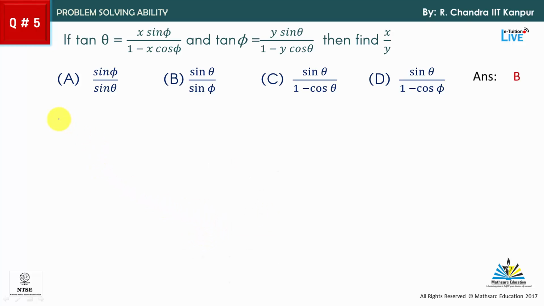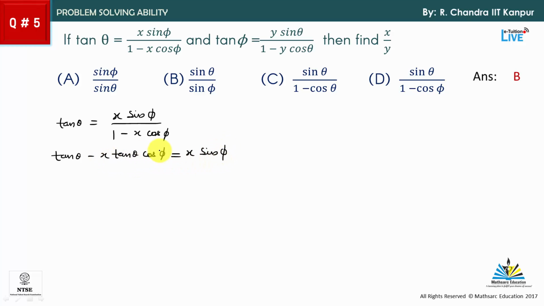We have tan theta is equal to x sin phi upon 1 minus x cos phi. We multiply by the denominator, then we will have tan theta minus x tan theta into cos phi is equal to x sin phi.